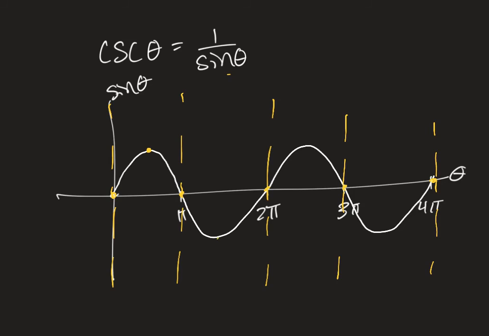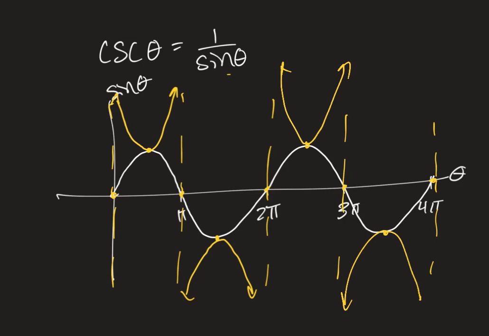Anytime sine is -1, cosecant will also be -1. So these points are going to be on there. And our graph actually ends up looking kind of like repeating parabolas. If you graph more points, you'll see it. It's like these parabolas that go back and forth, and they reflect almost the sine curve, and then hug the asymptotes.